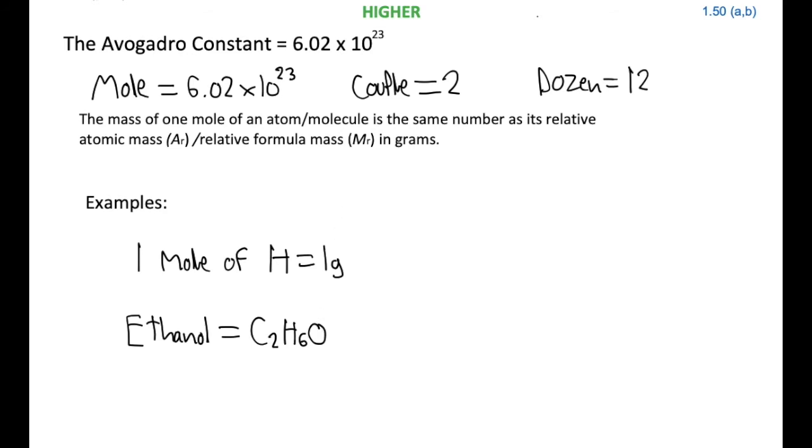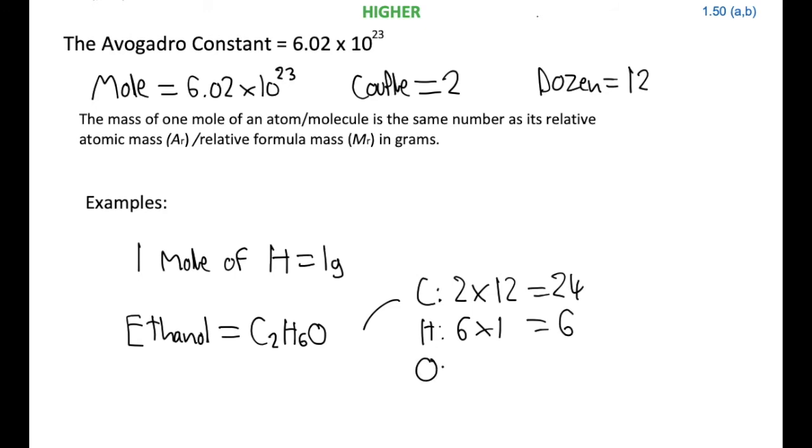To find the mass of 1 mole of ethanol in grams, we find its relative formula mass. 2 carbons, that's 2 times 12, 24. 6 hydrogens, that's 6, and 1 oxygen, that is 16. Add this up, and the relative formula mass of ethanol is 46.